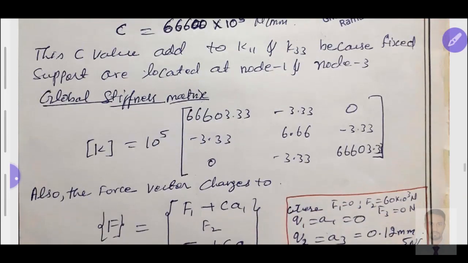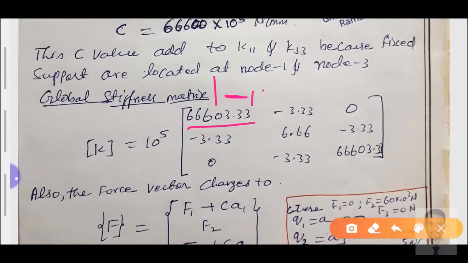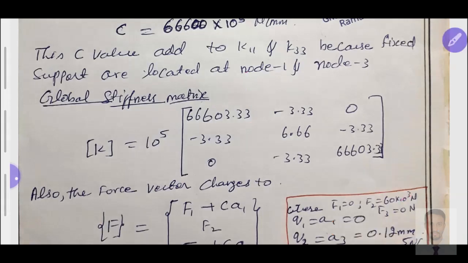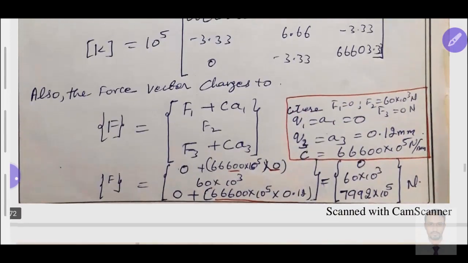That value we have added to K11 and K33, with 10 to the power 5 taken out. So we got the stiffness matrix based on the elimination method.